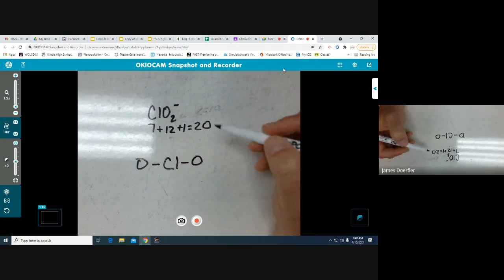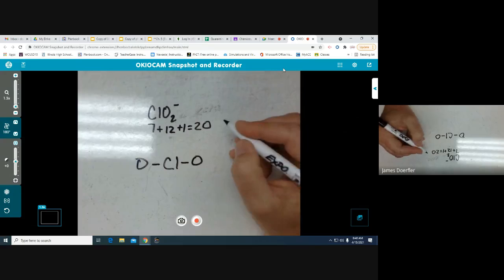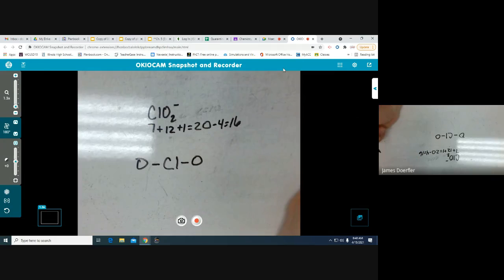So I just used 4 of my 20 valence electrons. So I have 16. Now my next step is I fill the octets of my outer elements.